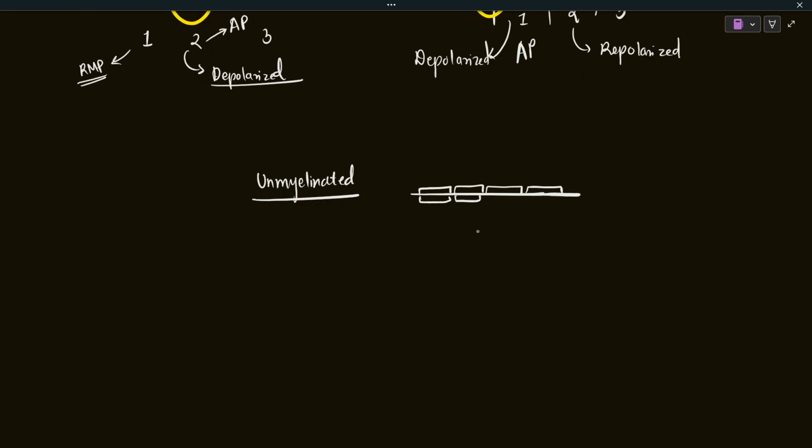This is a nerve cell of the peripheral nervous system, so the Schwann cell is forming the myelin sheath over the axon. Now the action potential will be regenerated at the parts where the myelin sheath is absent, and we call them nodes of Ranvier. At the nodes of Ranvier, the action potential will be regenerated, and that is why the movement of the current will be a jumping movement.